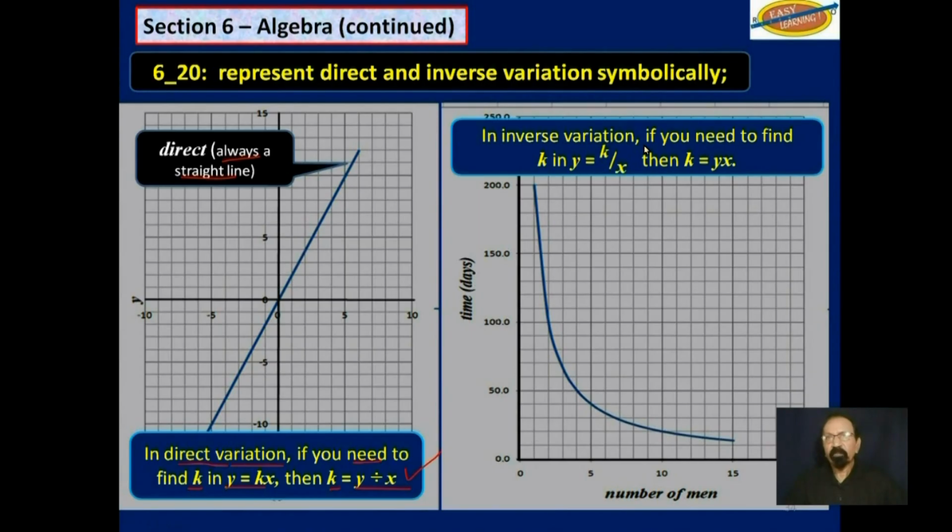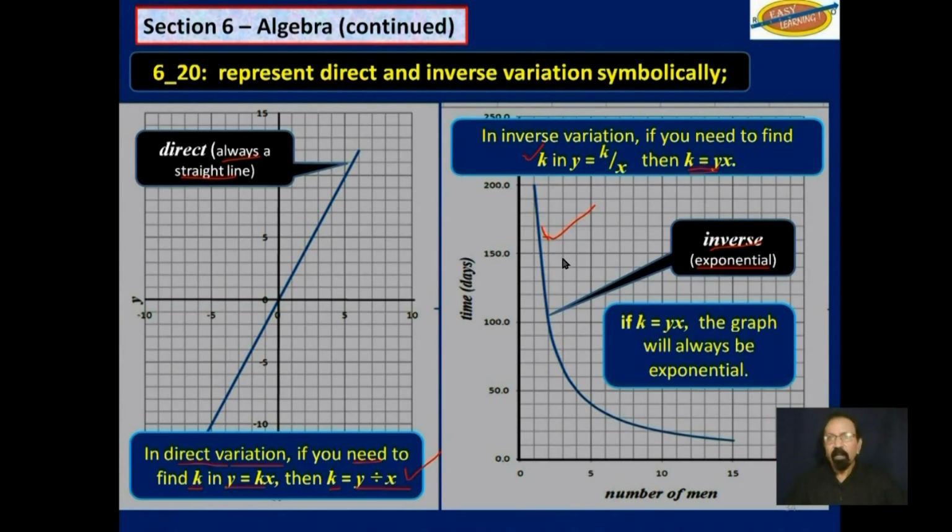Now, inverse variation, if you need to find k in this expression that you are given, then k is equal to yx. But note that that results in an exponential curve, not a straight line slanting down to the right. If k is equal to yx, the graph will always be exponential, like this. It will not be the opposite of this one you have on the left here, like coming down like that. It will not be that.